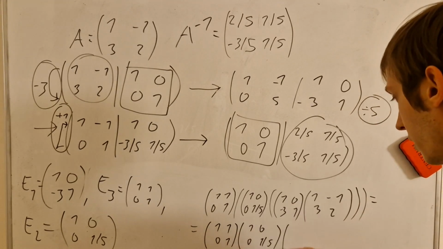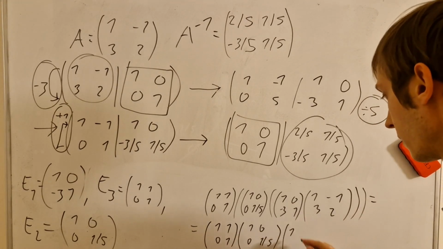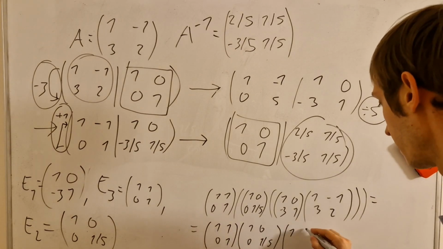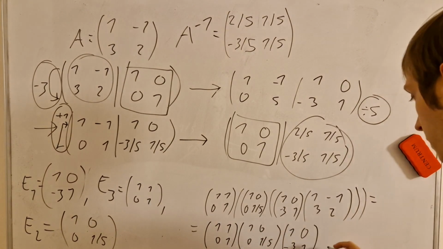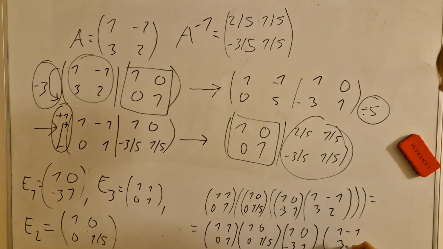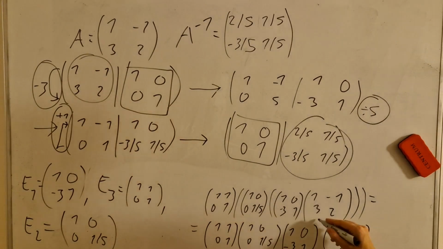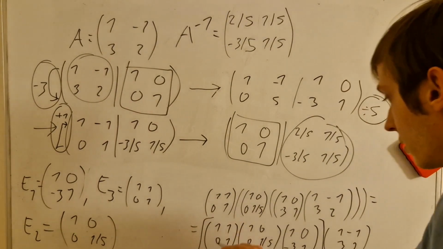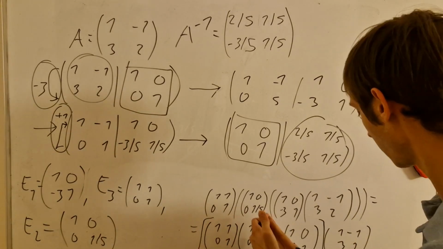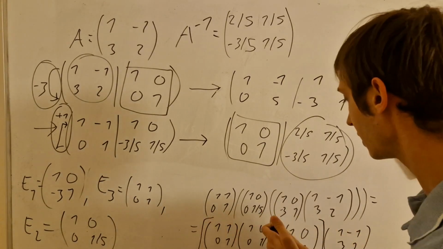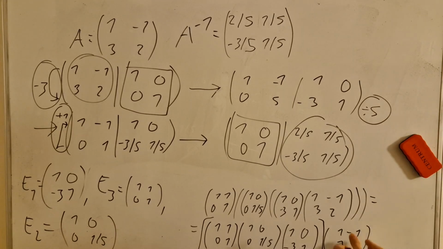These are E1, E2, E3. I'm just rewriting the same. So this whole thing, these 3 matrices, if we multiply together, that's what we needed to multiply on the left to the original matrix in order to get the inverse. That's it. Very simple.